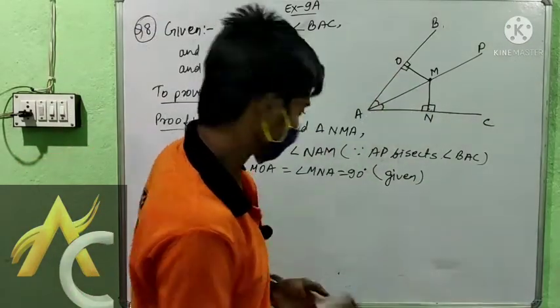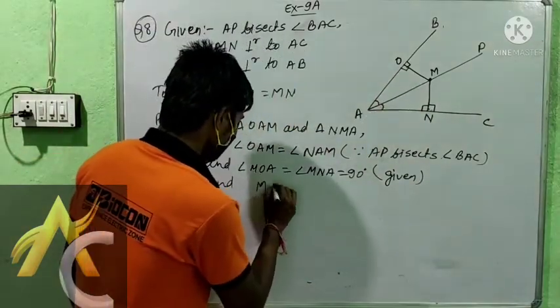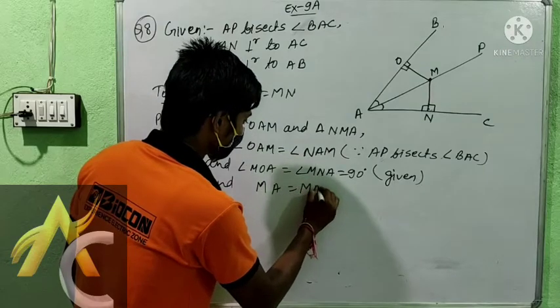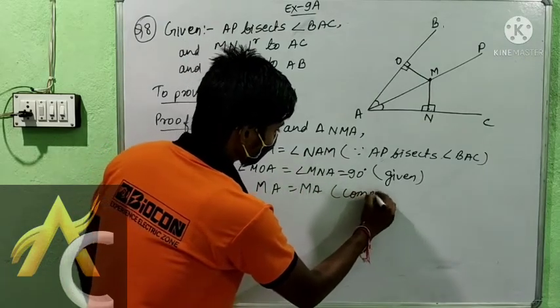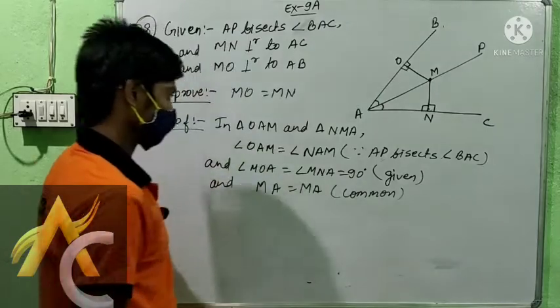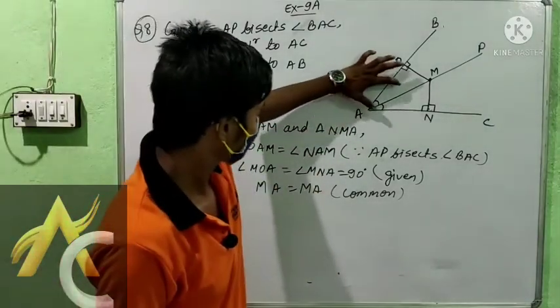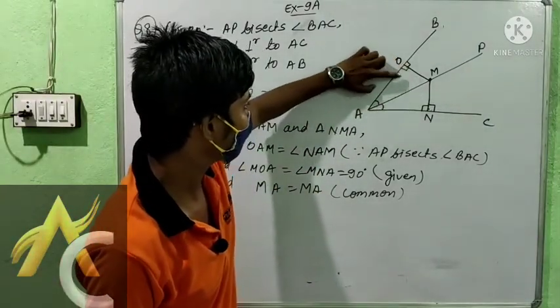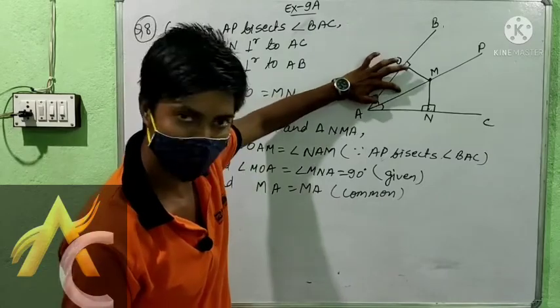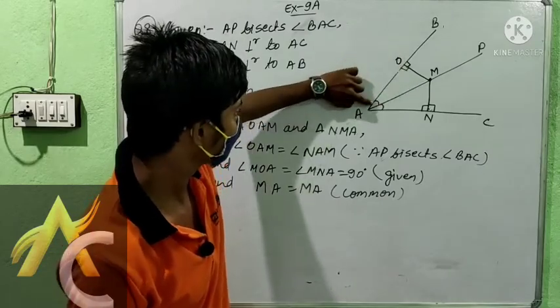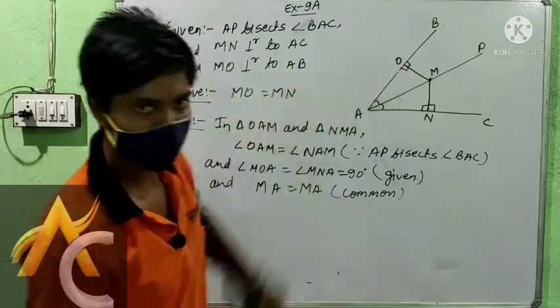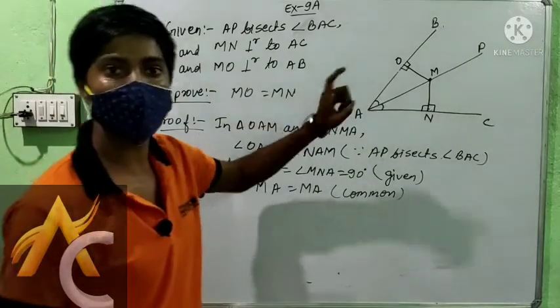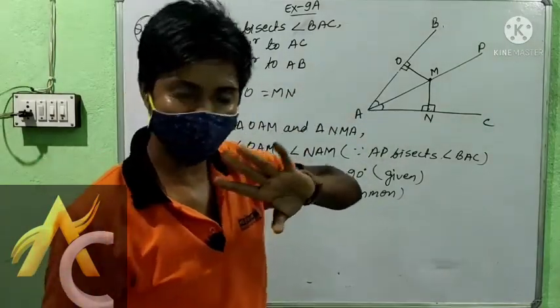MA is common, so MA is equal to MA. Reason? Common. Now by comparing these two triangles, we have angle, and then side. This angle, and this side. So these triangles are congruent by which criteria? Angle, side criteria.